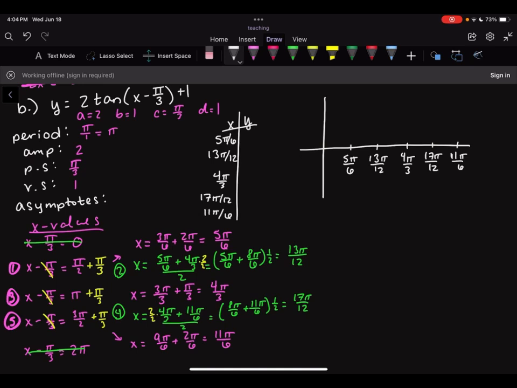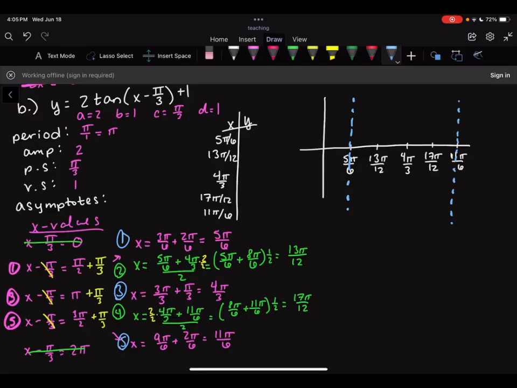So what I mean by I like to just use transformations is that I know that my first point and my last point are going to be asymptotes. I know that. Because that's why I've done this method the way that I've done it.